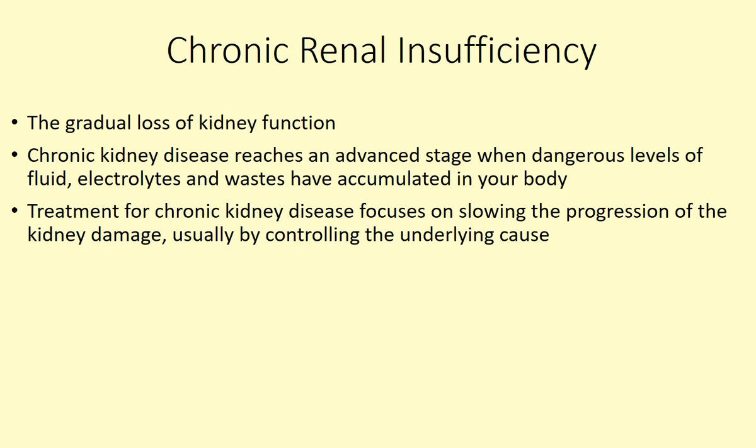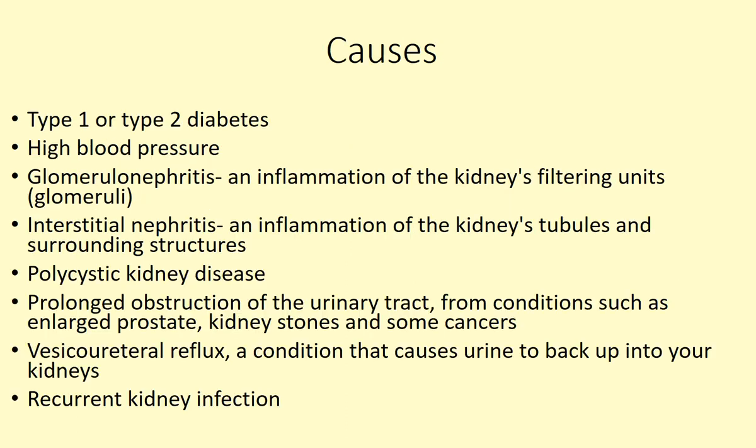So again, this is gradual, a slow progression, and there are things you can do, whether it be medications or diet, and they really tried to do everything they possibly could for a year. It worked for a while, but eventually it didn't. Chronic renal insufficiency is, like I said, a progressive, slow problem.